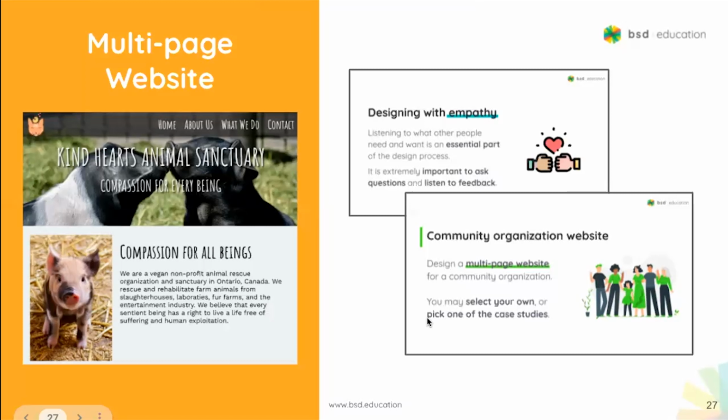So in this one, the students had to create a community outreach. They had to create a website for a community situation. So in this example, it's Kind Hearts and Animal Sanctuary, but it could be anything. It could be for an animal shelter. It could be for a homeless shelter, food shelter, or a food bank rather.